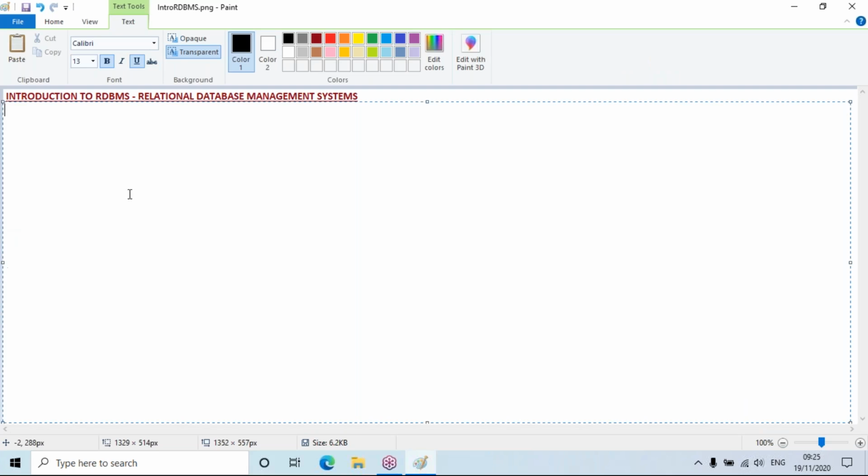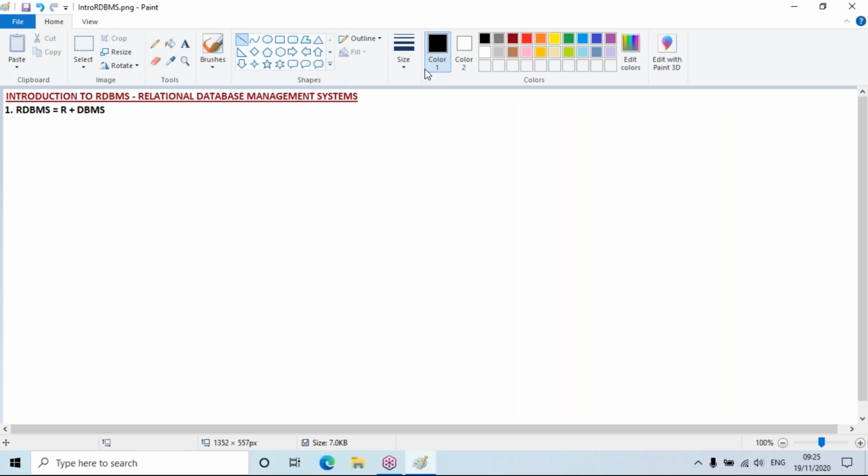So let's make them. First point. Here I expand RDBMS, which is expanded as R plus DBMS. Now let's see first the complete study about R. What is R? You can describe R in this way.